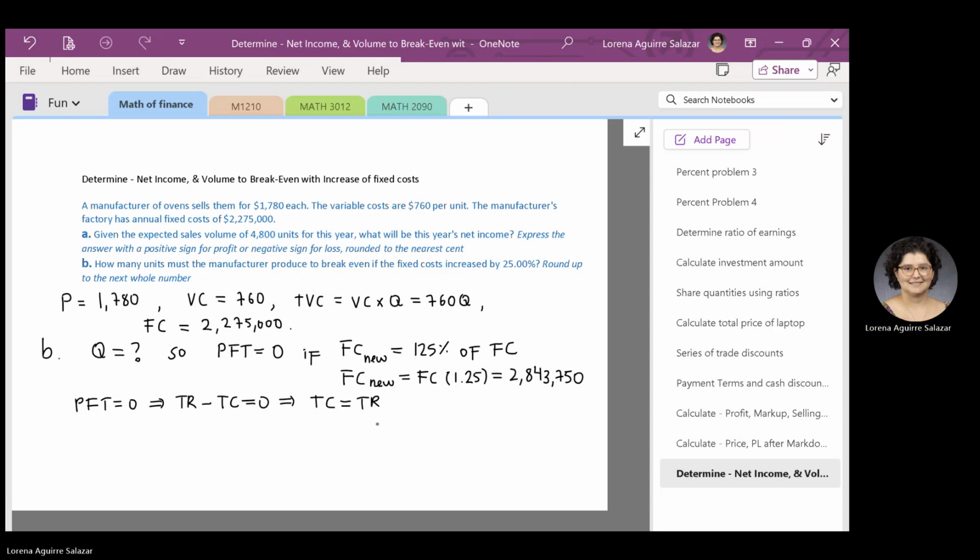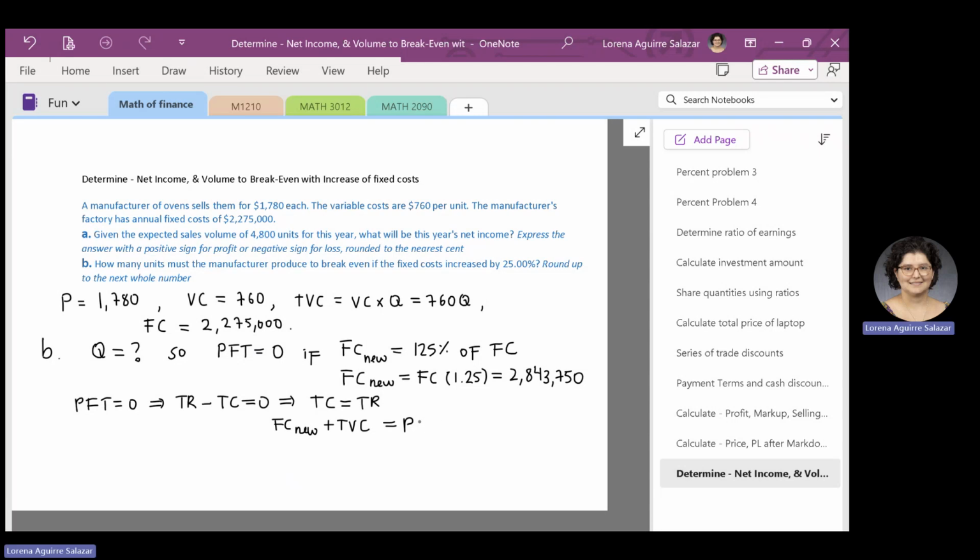Now the total costs, remember, come from adding fixed costs and total variable costs, while the total revenue comes from multiplying the selling price per unit at which items are sold, P, by the number of units sold, so Q.